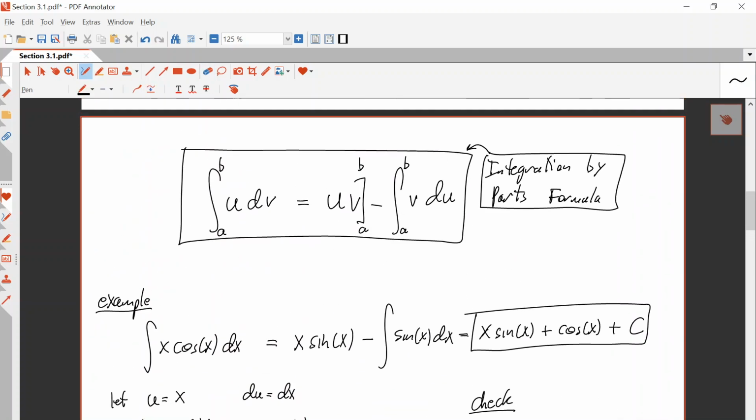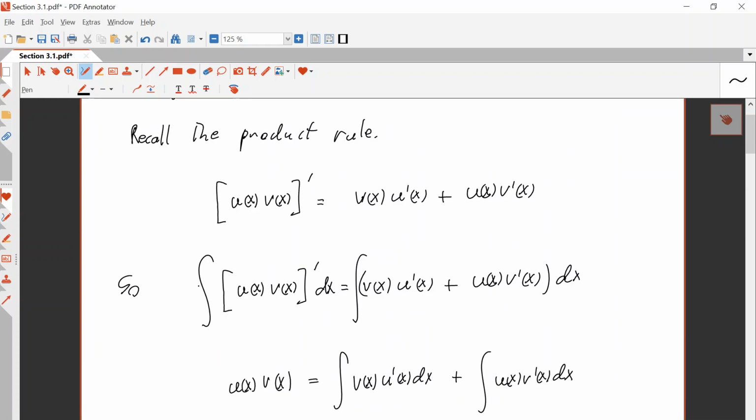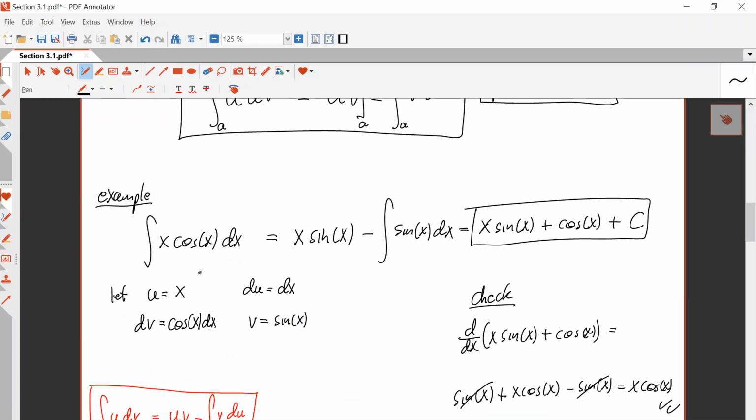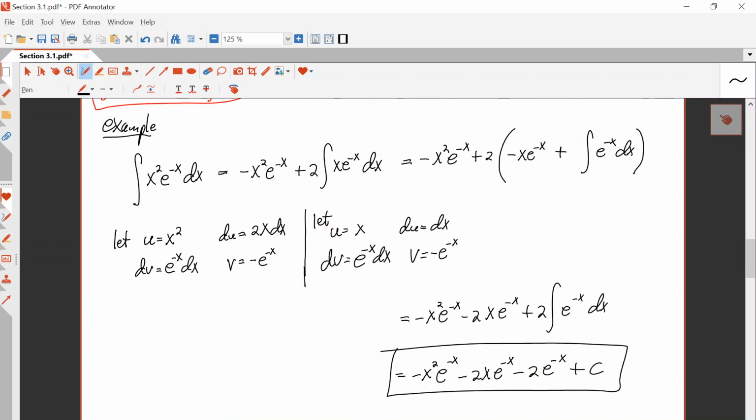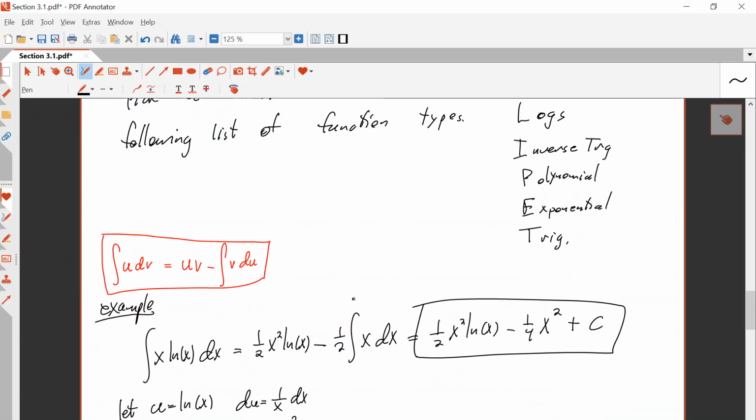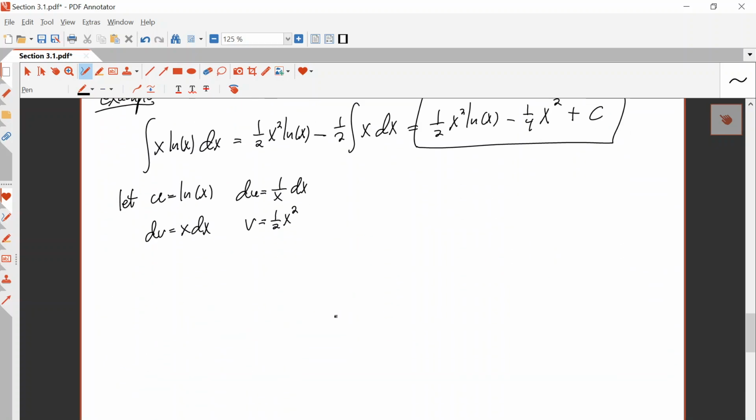And up above, in the first example, we had polynomial, that's first, and trig function, that's second. Okay? And notice in the second example, we actually had to apply the integration by parts formula twice. In the other two examples, only once.